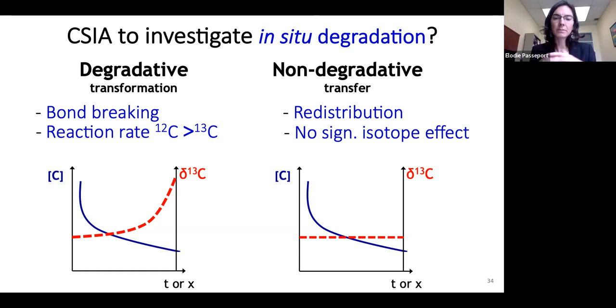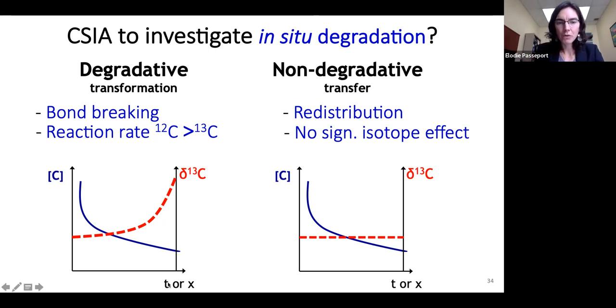This is because molecules that incorporate exclusively light isotopes tend to react faster than those that incorporate a heavy isotope. So imagine that you observe a decrease in concentration over time or over distance. For example, along a contaminated groundwater plume, you see that the concentration decreases. Or over time in a river, you take samples and you see the concentration decrease.